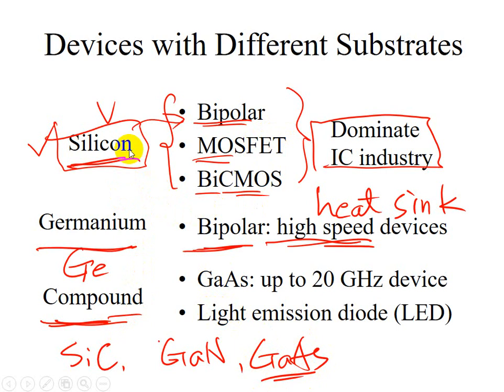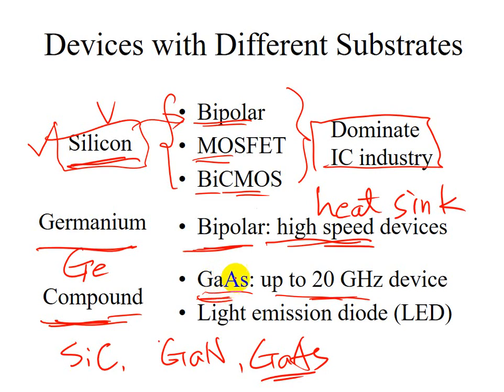So you can use all those special band structures to create specific physical phenomenon. For example, gallium nitride arsenide can be used as a high-speed communication chip.